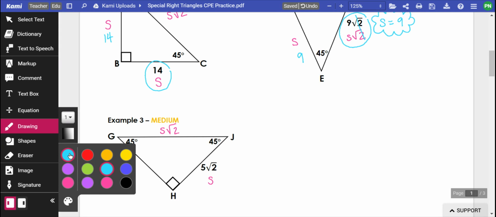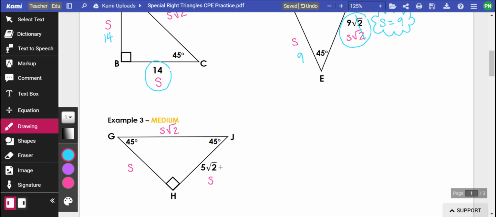And now, I know this piece right here, that s is equal to 5 radical 2. I know it looks a little weird, but this is still technically a number. And so now I know that this is also going to be 5 radical 2 because these two sides here are congruent to each other.